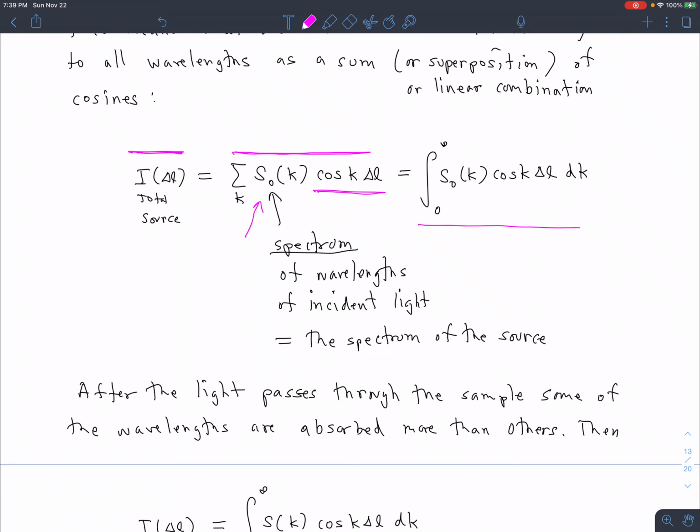So the intensity that you get out, the signal that you measure, is a Fourier transform of the signal of the spectrum that you want.